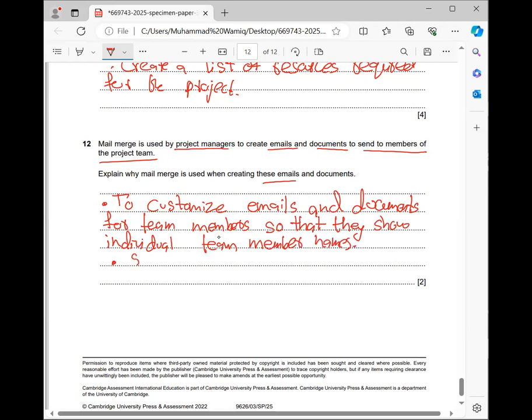I can also write that it saves my time compared to creating individual emails or documents. I can write more points, like I can even personalize them, customize them. I can change the contents wherever I wish, so there can be most points for that.